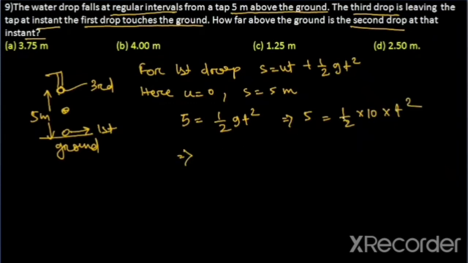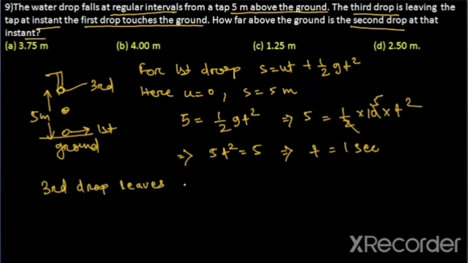That implies 5t square is equal to 5, so t is equal to 1 second. It takes 1 second for the first drop to reach the ground, and during that time the third drop is leaving the tap. That means the third drop leaves after 1 second of the first drop.